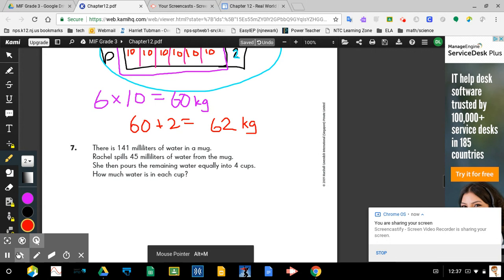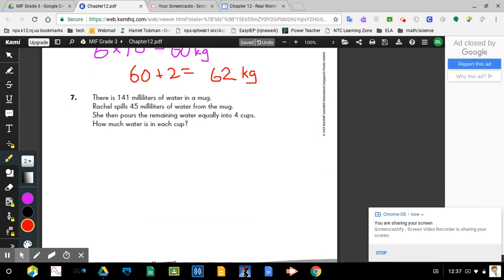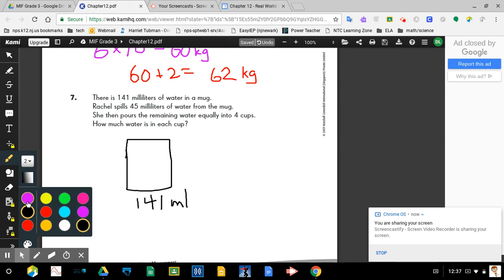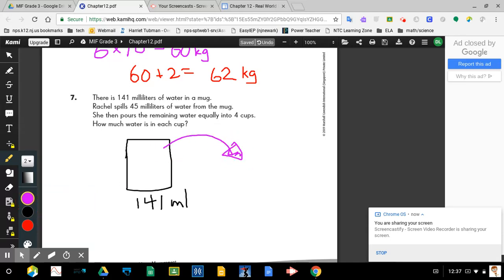Okay, number 7. There is 141 milliliters of water in a mug. I'm going to draw a mug. And I have 141 milliliters. Rachel spills 45 milliliters of water from the mug. So I'm going to spill, take some out, 45 milliliters from the mug.